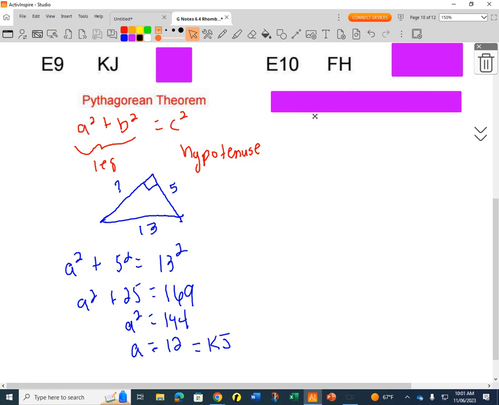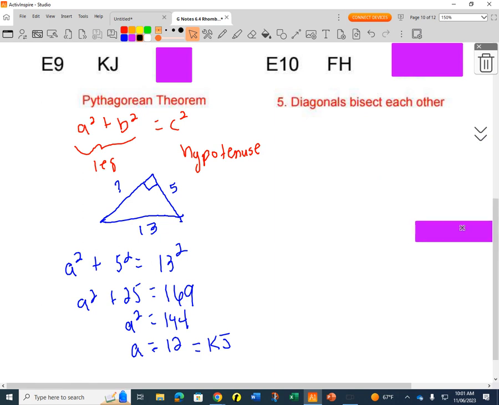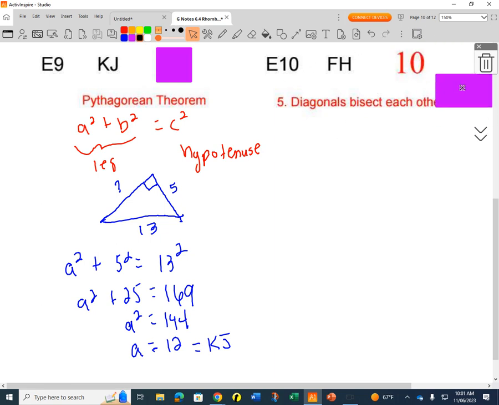We've already found what FH is. The diagonals bisect each other. We've already talked about that, but let's go ahead and make a note of that there. That's how we know that FH is 10, because KF and KH are both 5. Together that length is 10.